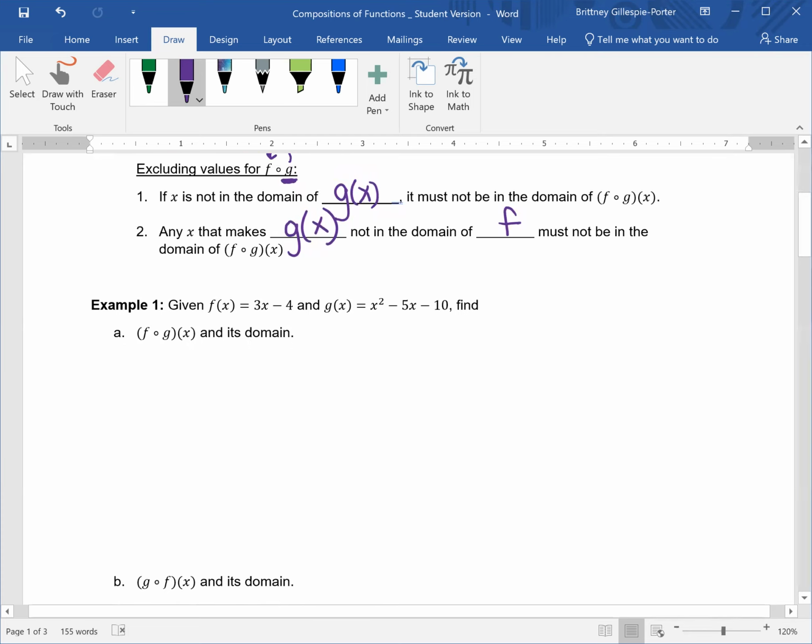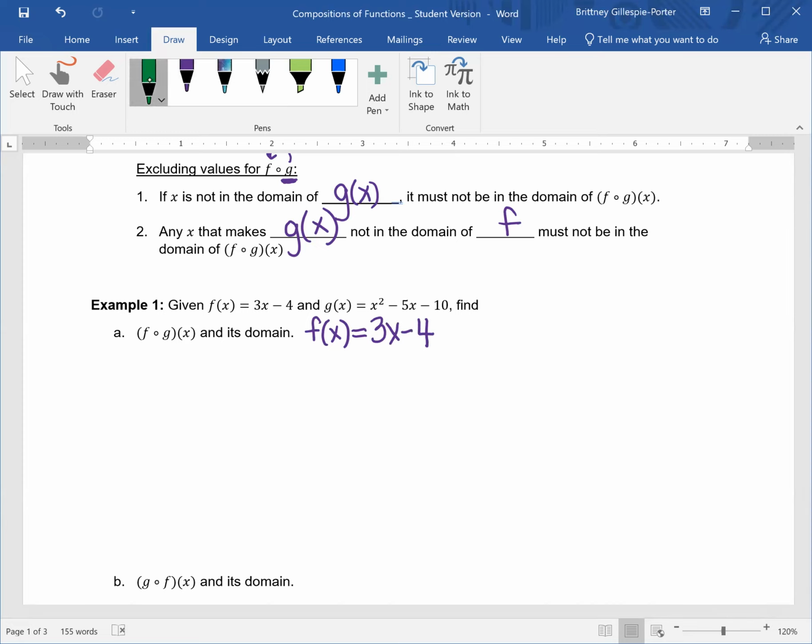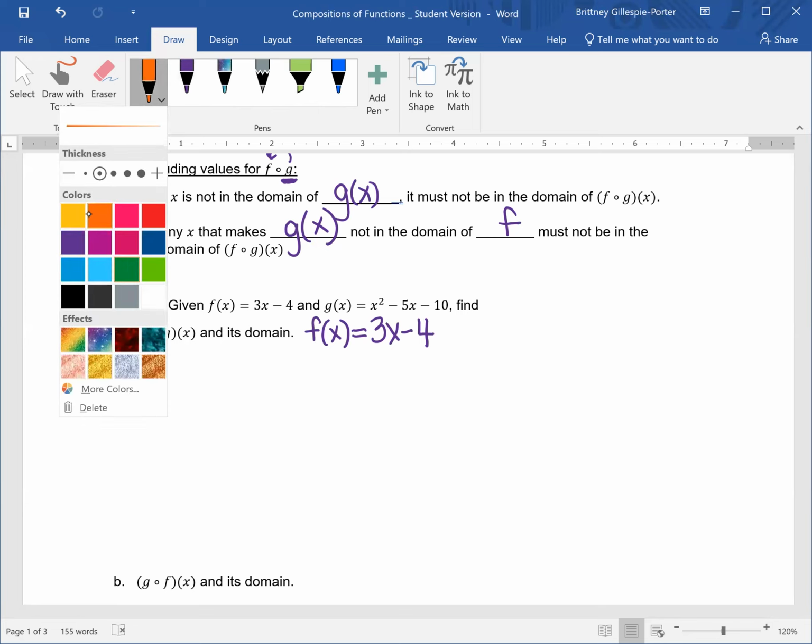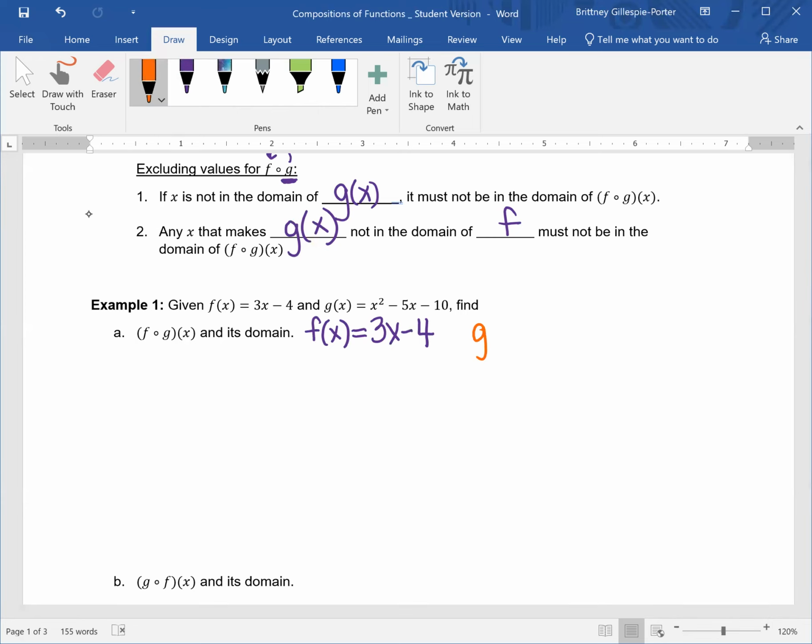Our first couple examples, we're going to start with our friends. If you don't know why I'm saying they're our friends yet, you'll see here in a moment. And we're going to get just the concept of plugging these functions in. Okay, I am going to color code. So I'm going to say f of x is my purple function, and I will make my g of x orange.